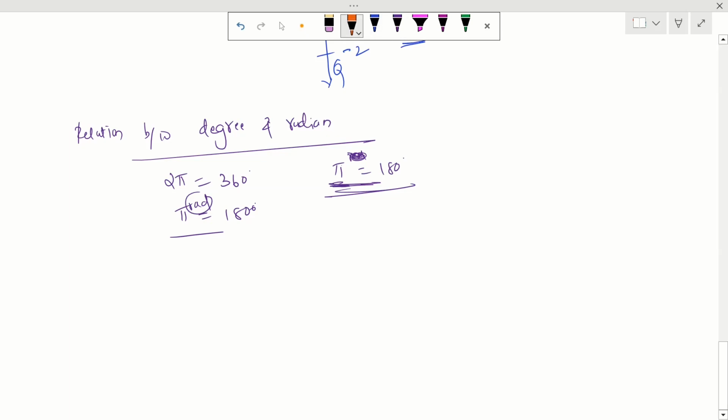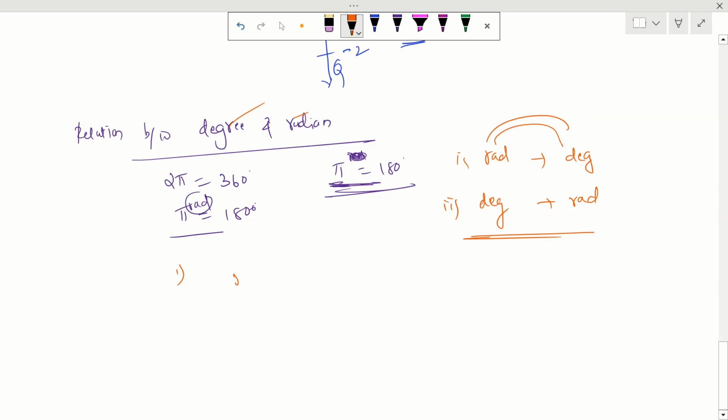Understood? Now, two patterns are very important: converting radian into degree, and degree into radian. First case, radian into degree.